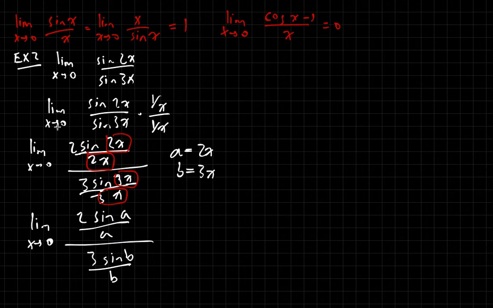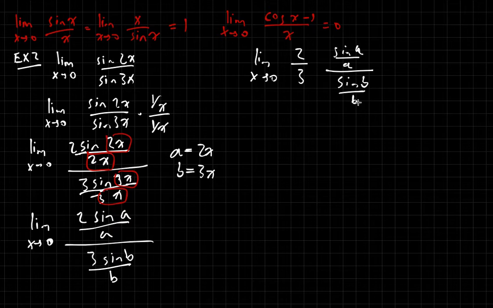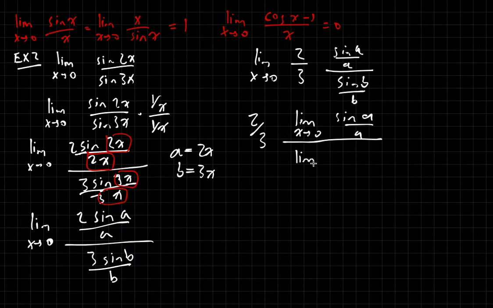I can rewrite this as the limit as x approaches 0 of 2/3 times sine a over a, over sine of b over b. And this 2/3 is just a constant, so we can move it out. And because this is a function over a function, we can rewrite it as the limit as x approaches 0 of sine of a over a, over the limit as x approaches 0 of sine of b over b.